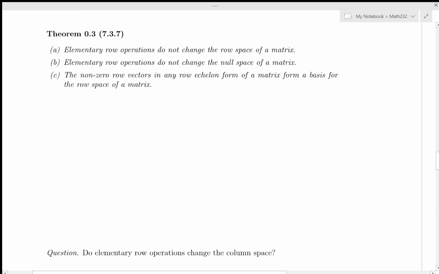That would be if I take some matrix A and I row reduce it to a row equivalent matrix B. I do that via elementary row operations like we always have been doing.